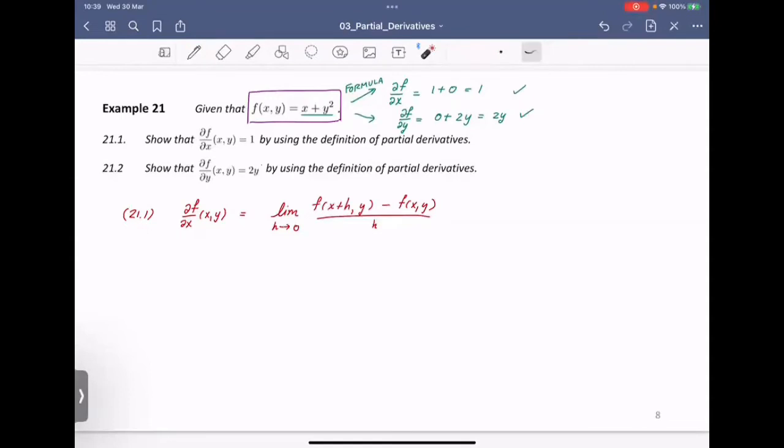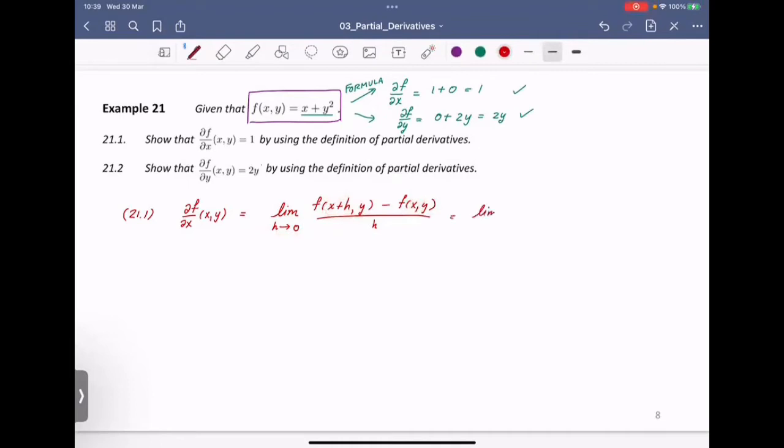This is the formal definition of partial derivative. It means you keep the second component fixed, and then you increase x to x plus h, where h goes to 0. And then you plug in that one.